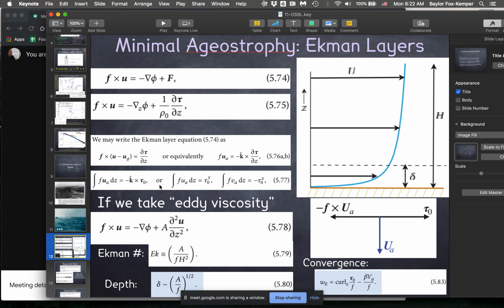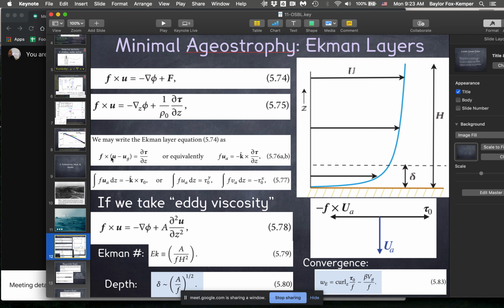So you can write the Ekman layer equation this way instead of this way, where we combine the pressure term, rewrite it as a geostrophic velocity, put it together. So now we're thinking about the deviation from the geostrophic velocity in the interior across that boundary layer. That's the left-hand side.